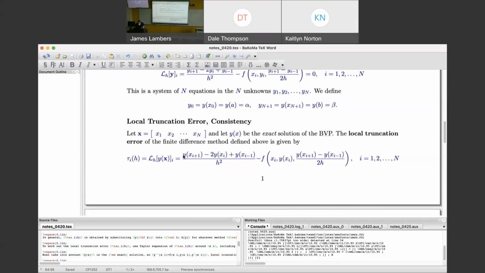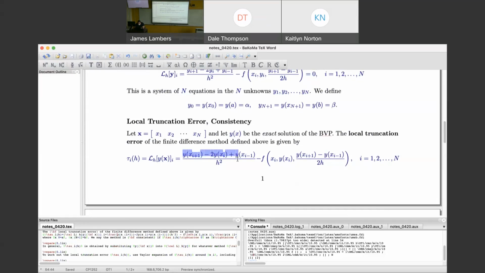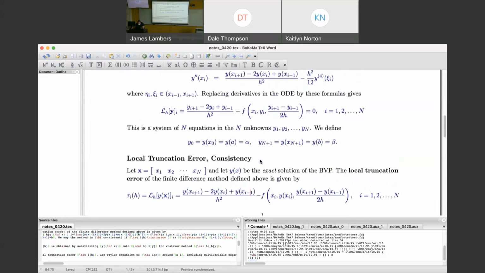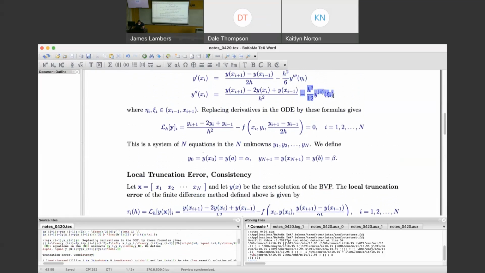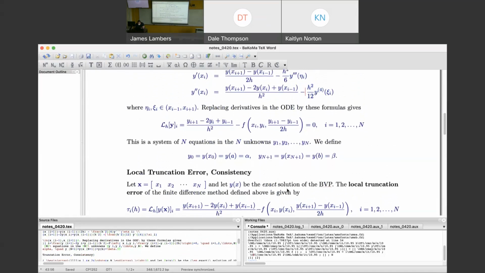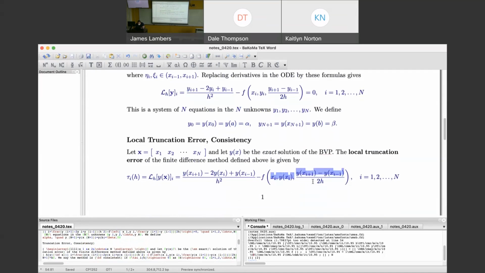So if I were to compute the local truncation error for this method, this would be equal to y double prime plus an error term, that's order h squared. When we do a multivariable Taylor expansion, the first term would be f of xi, y of xi, y prime of xi, which would cancel with a y double prime that came from here.